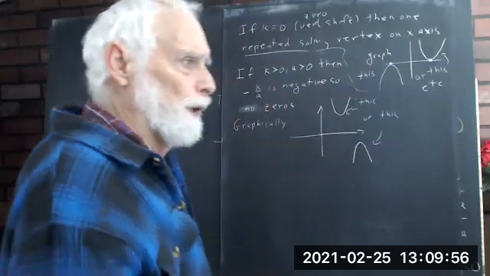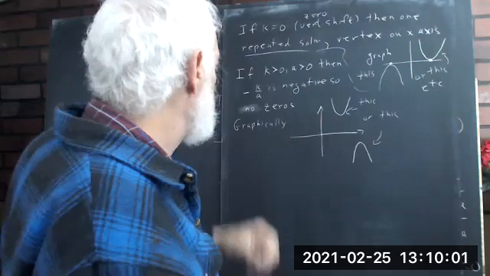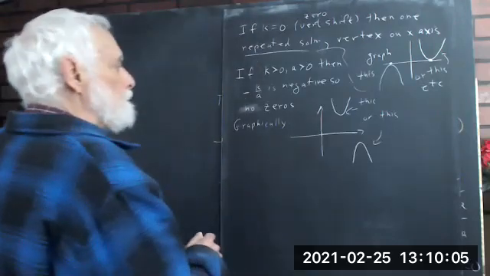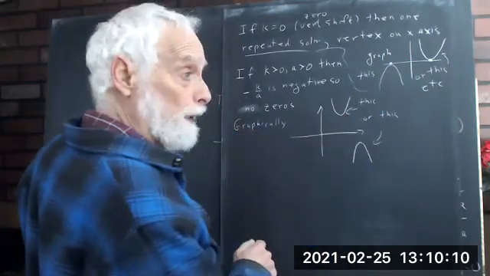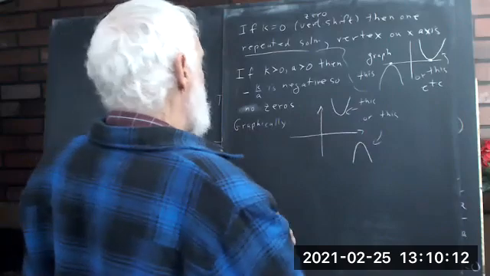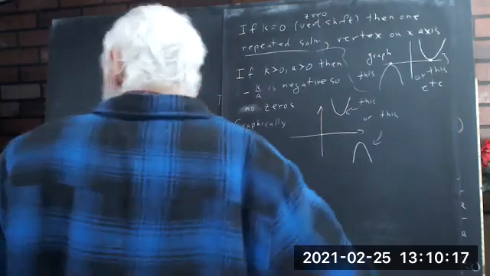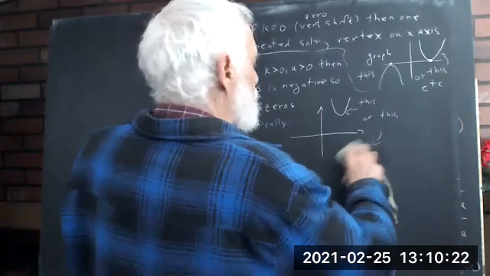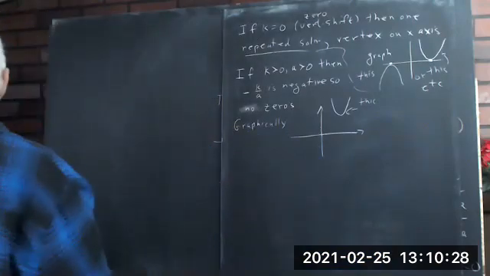So there are 4 different ways the graph could look. Okay, this is a positive k and positive a. Actually, I'm getting ahead of myself. So I'm not going to include one that's flipped upside down. We'll take care of that case in a second.